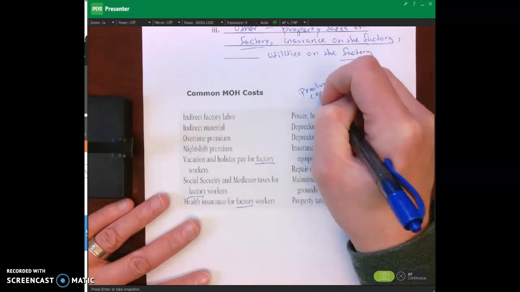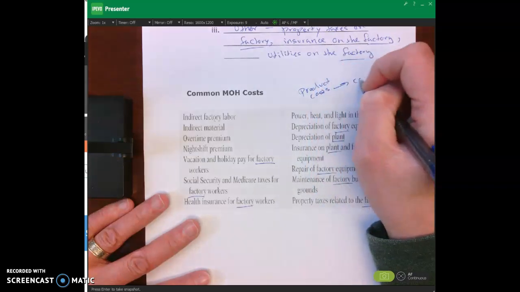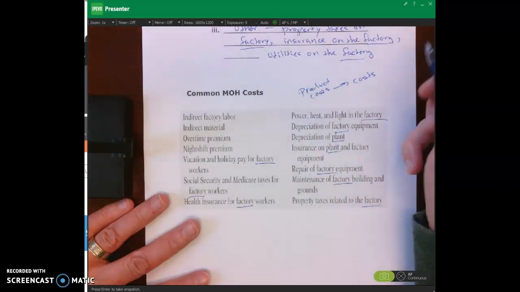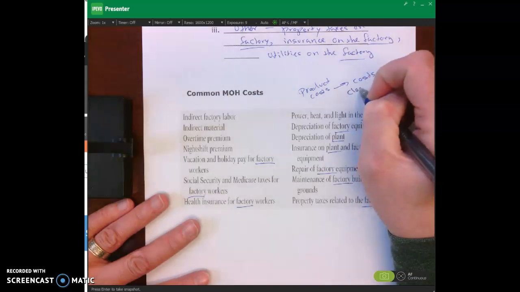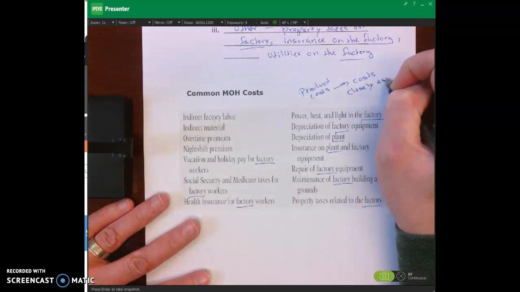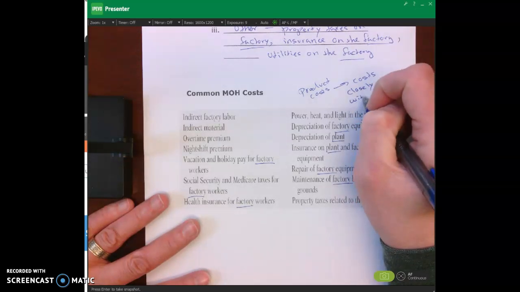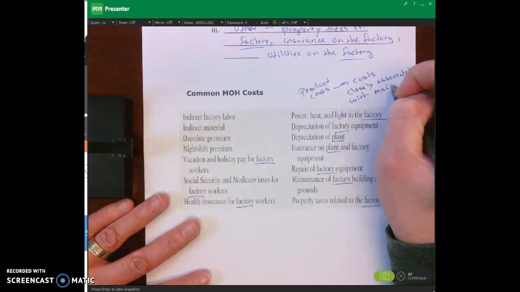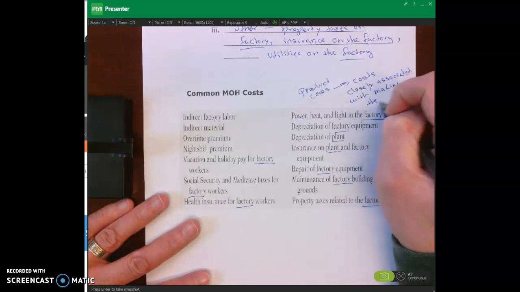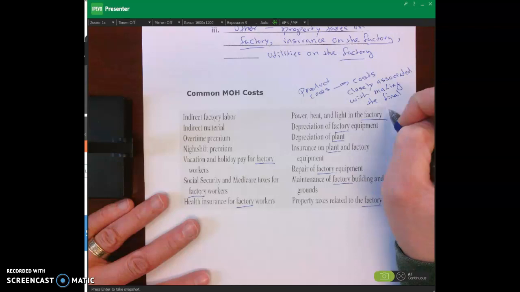Product costs such as direct materials, direct labor, and manufacturing overhead, closely associated with making the final product. Okay?